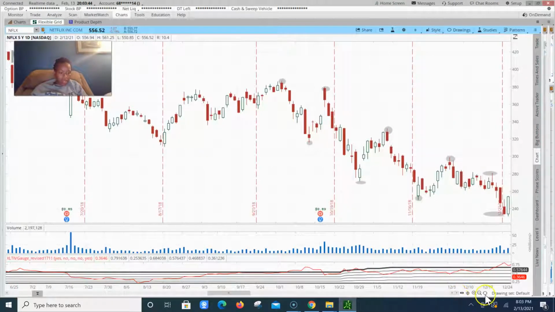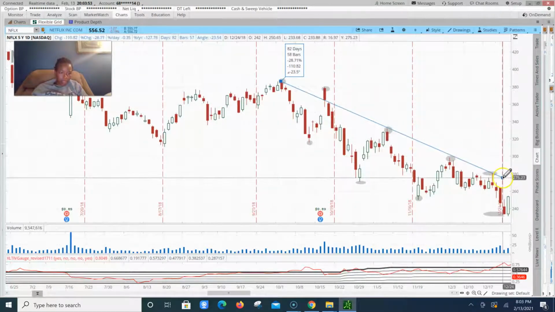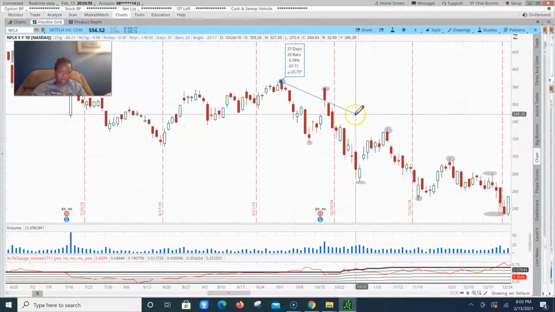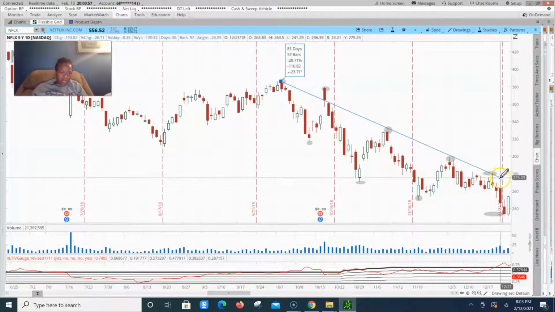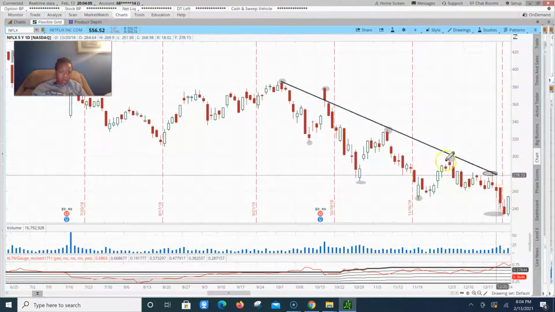So now let's go and put our trend line here. We're going to put it to mark the three points. So in theory, every time this line hit, it's supposed to continue going down. I'm trying to show y'all both ways.